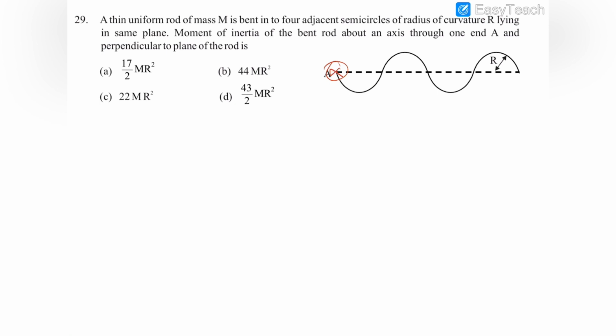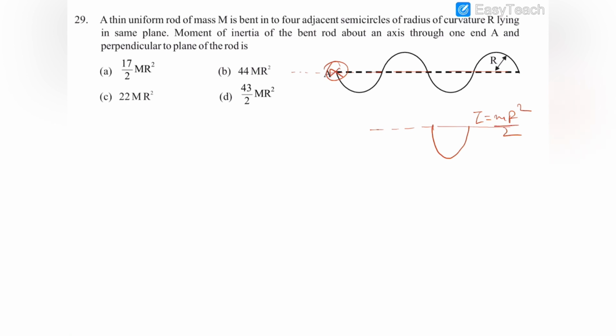So let us first of all find this with the shortest possible method, and for that we are using the perpendicular axis theorem. So we know that along this axis of the semicircle, the formula of moment of inertia is the same as that of the bigger ring. If this ring was complete, then the moment of inertia about this axis would be mr square by 2. So for this semi-ring, the formula would be the same, mr square by 2.